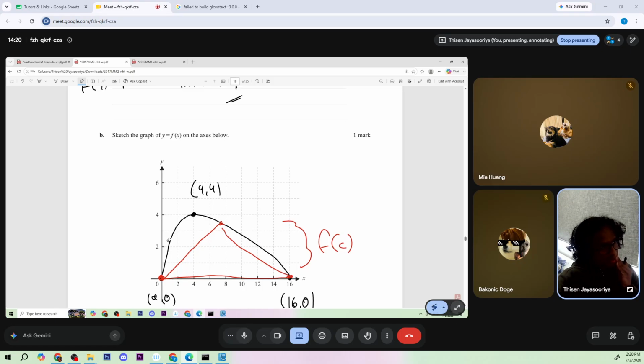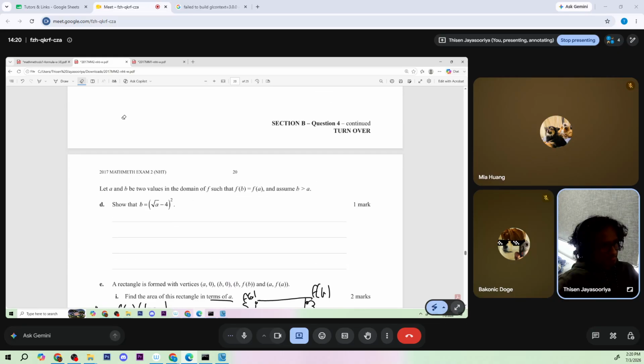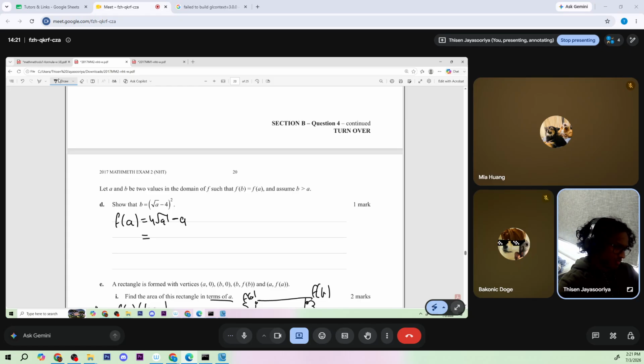That's the distance. I do f of a equals 4 root a take away a, which can become, I'll come back to this one.